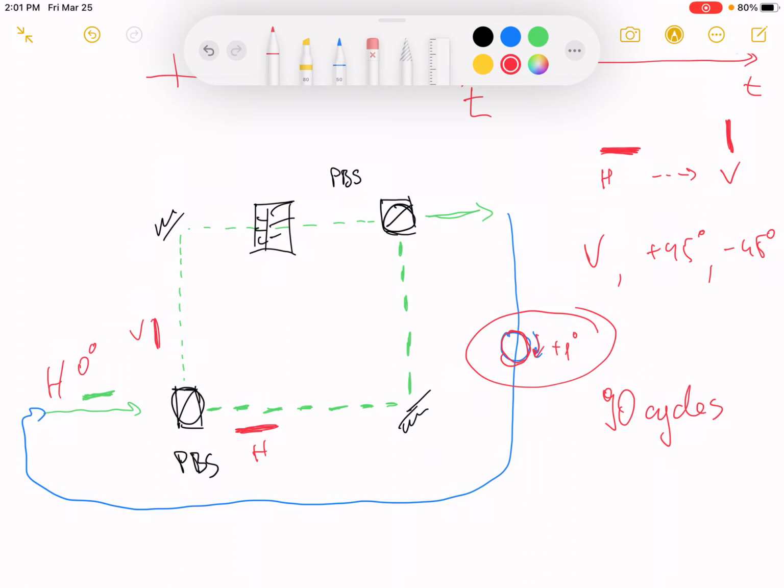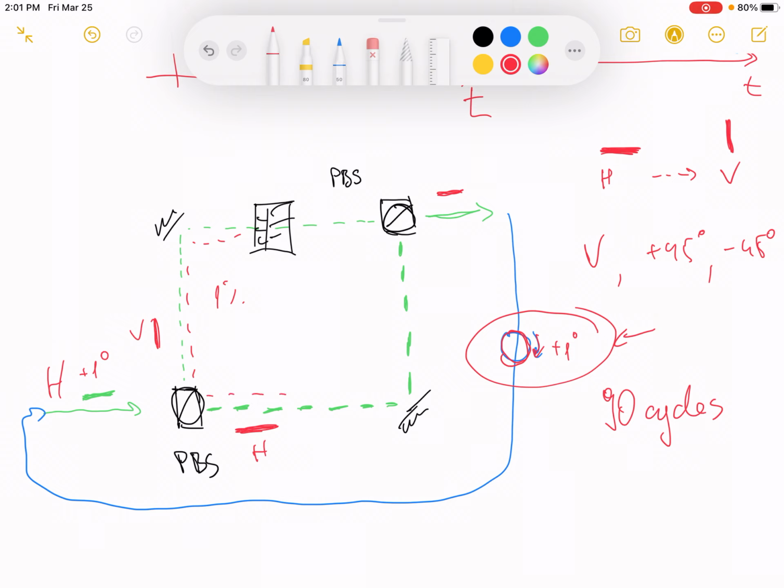Initially we have a photon that goes almost totally through this arm and goes out purely horizontally polarized. Then it gets rotated by 1 degree, so it has a polarization of plus 1 degree. In the second run, it has a small probability of going through here, and therefore a small probability, let's say 1% chance, of hitting the wall.